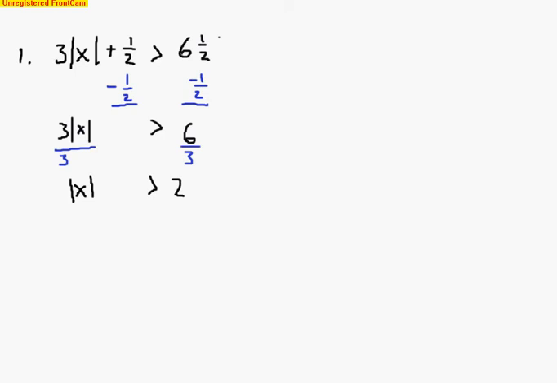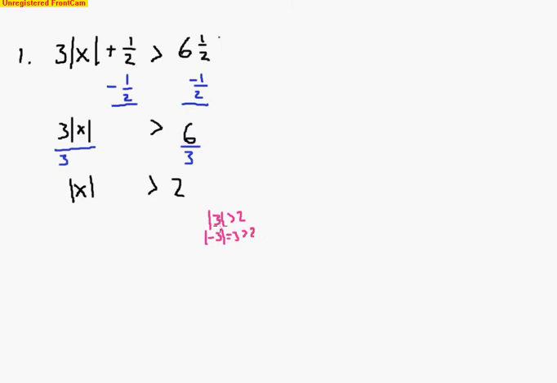See, if we had numbers that can go in for x that are greater than 2, we're thinking of numbers like this. If we had, let's try 3. So if we took the absolute value of 3, that is greater than 2. The absolute value of 3 is 3, which is bigger than 2. We could also do -3. So if we took the absolute value of -3, that's also 3, and that is greater than 2.